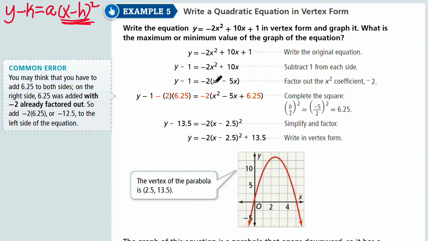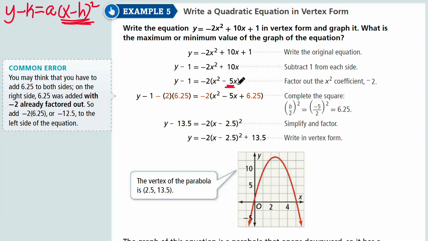And that's going to be GCF. You can divide negative 2 on both sides, but that's not necessary right now. So you can keep it. You can just factor it out. And then make sure that your b is the factored out form from your GCF. And that's going to be your b.